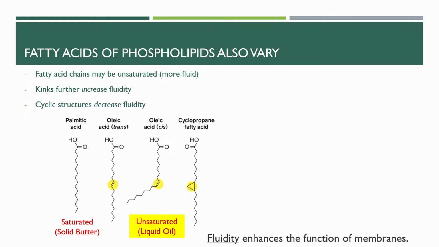And so some things that contribute to fluidity are if you have these kinks. So here we have a double bond, so you get this kink. And then also the cyclic structure. So if you have a cyclic structure in the actual chemistry of the fatty acid, then that would make it more stable and less fluid.